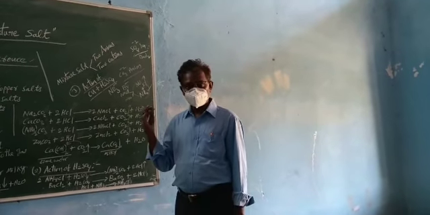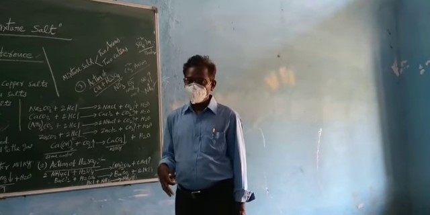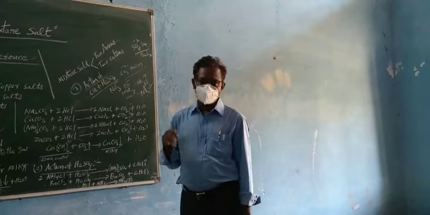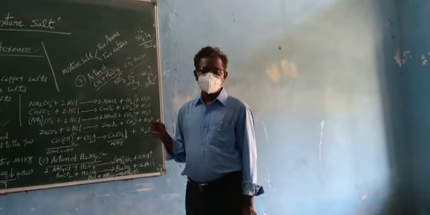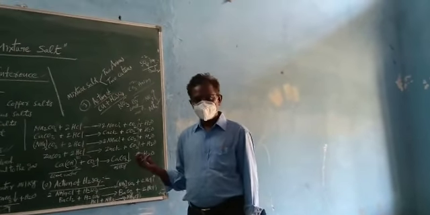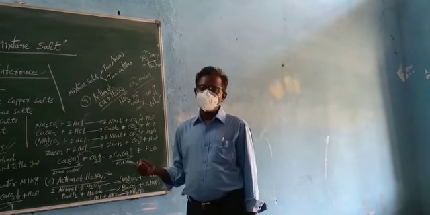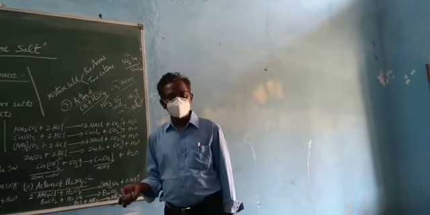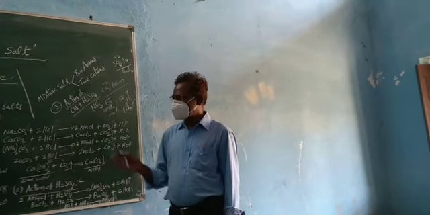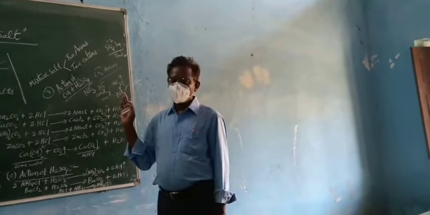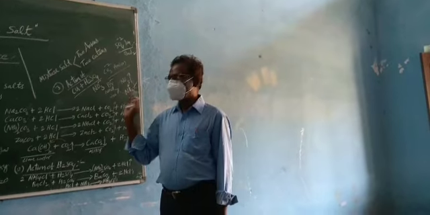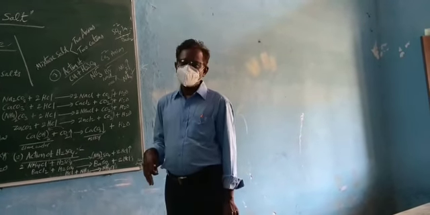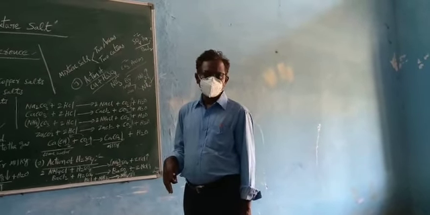Then you proceed in tabular form for the separation of cations: first group cations, second group, third group, fourth group, fifth group, then sixth group cations. We have a separation table for the identification of each group of cations.